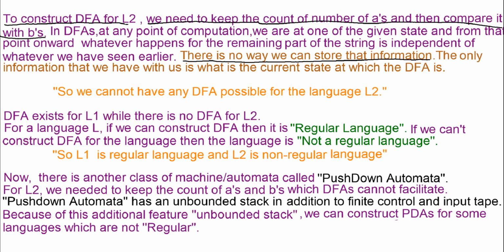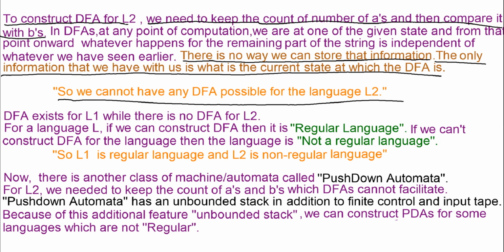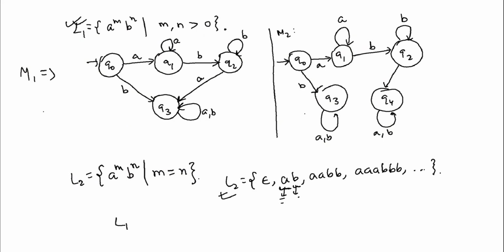The only information that we have with us is the current state at which the DFA is, not more than that. So we cannot have any DFA possible for the language L2. So for L1 a DFA exists, and for L2 a DFA does not exist. L1 is regular, L2 is not regular.